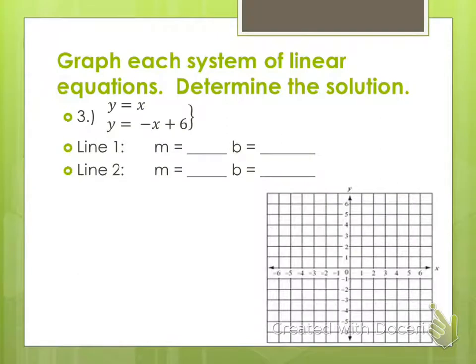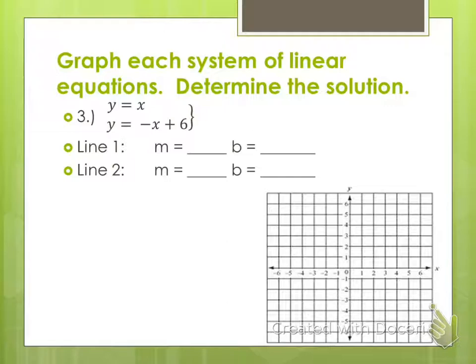All right, we are going to graph each system of linear equations and determine the solution. So in order to do this, we're just going to graph both lines. And then we're going to figure out where they cross each other, if they cross each other. So for line 1, let's consider line 1 to be the top line, line 2 to be the bottom line.